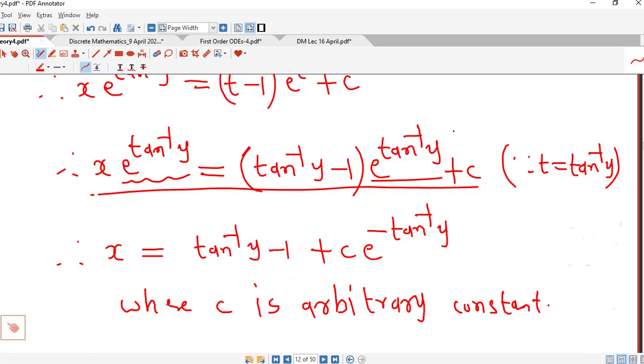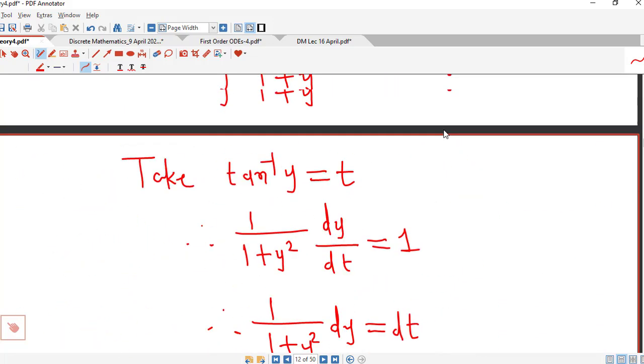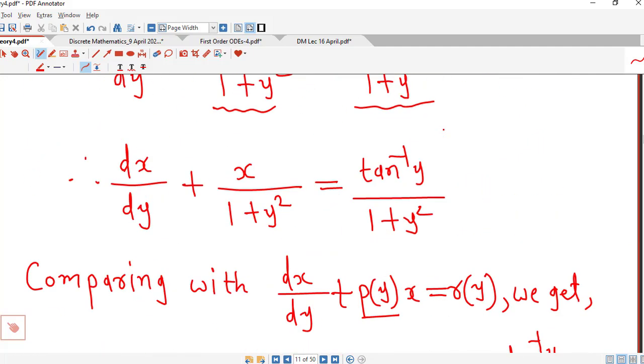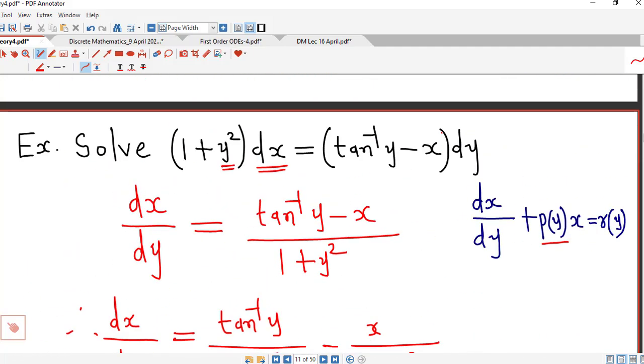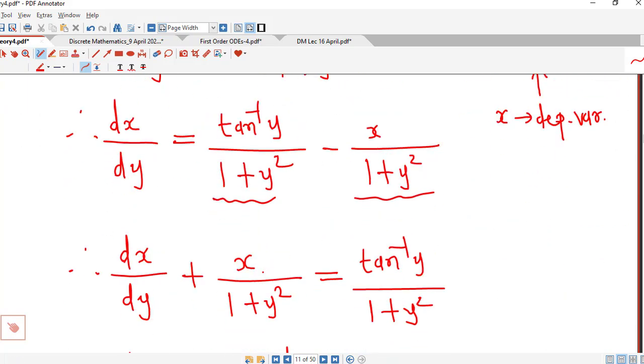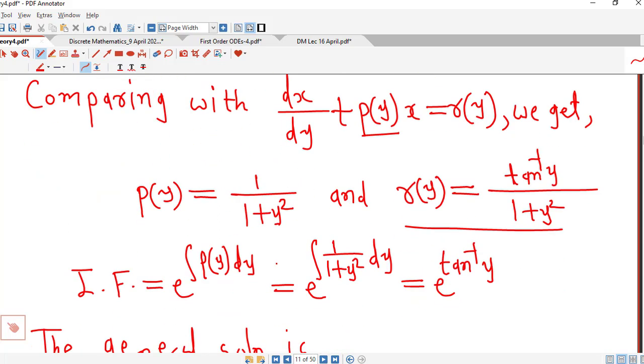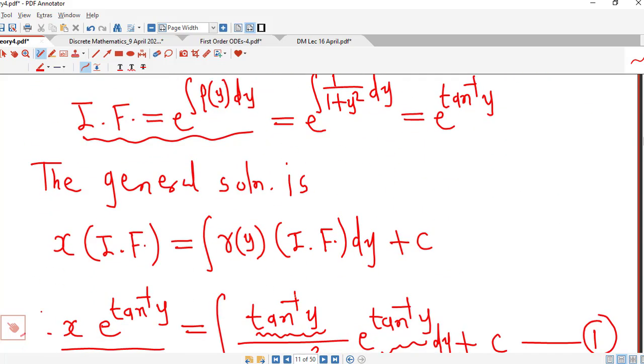So in this way, if our differential equation is not linear when we consider y as the dependent variable, then we can try to convert it into a differential equation which is linear if we consider x as the dependent variable, and we can easily solve it using this formula. First we find the integrating factor, and then we use the formula for the general solution.